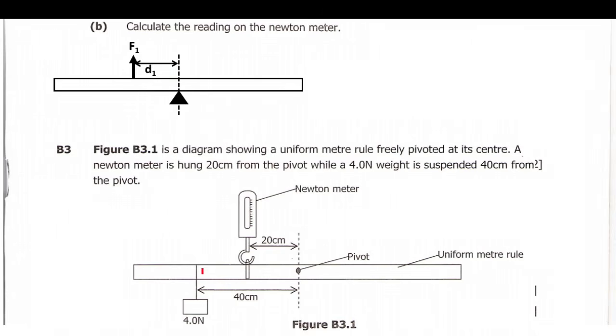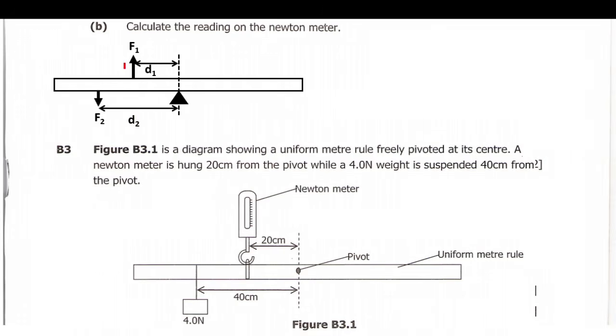Then we write this force here, which is acting downward, as F2, and indicate its distance from the pivot as D2.